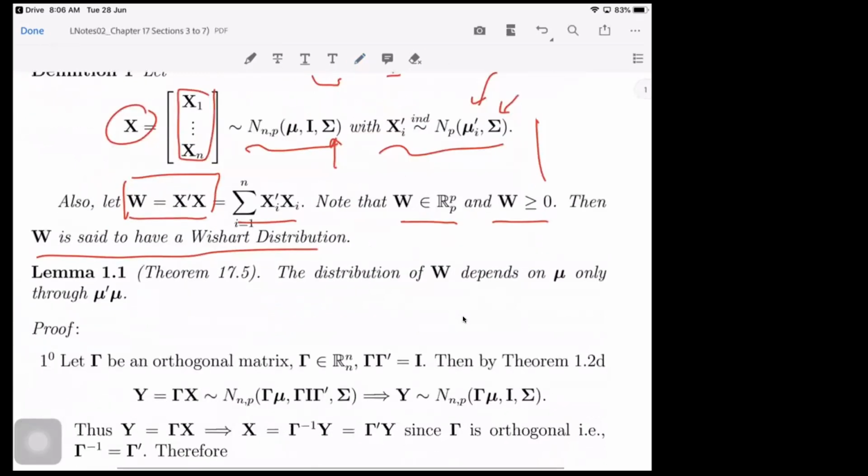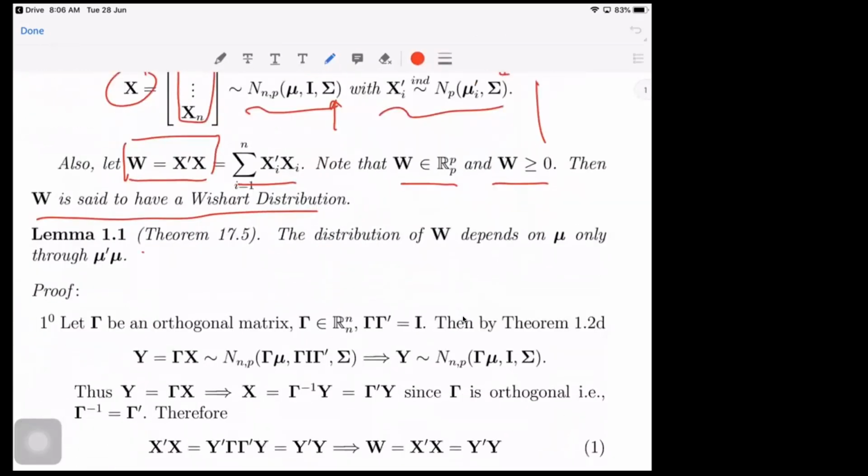Okay, so theorem 17.5 tells you that W here only depends on your mean vector mu, since it is X prime X, so it becomes mu prime mu. Later, this mu prime mu will be denoted by delta.